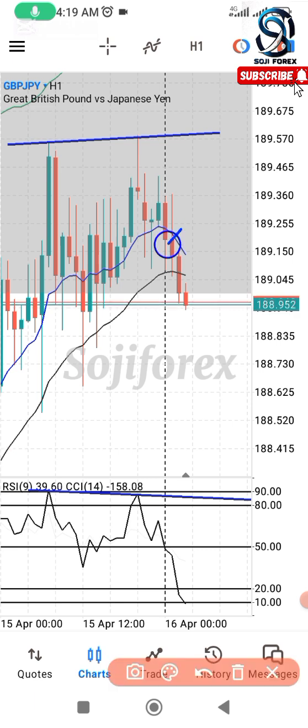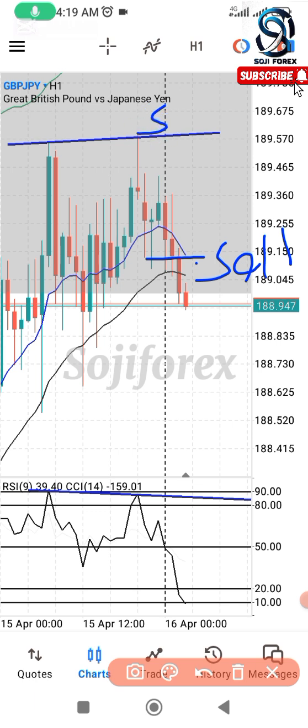So this blue moving average is our exponential moving average 10. And if you look at it, this particular candle closes below it. So from here, you will make your sell entry and your stop loss will be at this high.